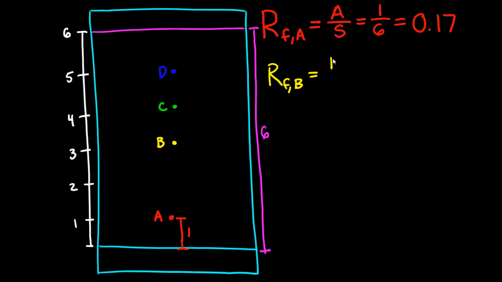And for the RF of B, we'll do the exact same thing. So take B over S. B has traveled 3 units, so it's 3 over 6, which is 0.50.